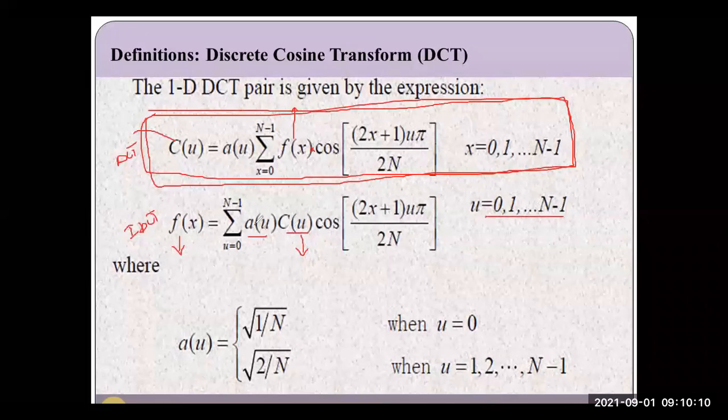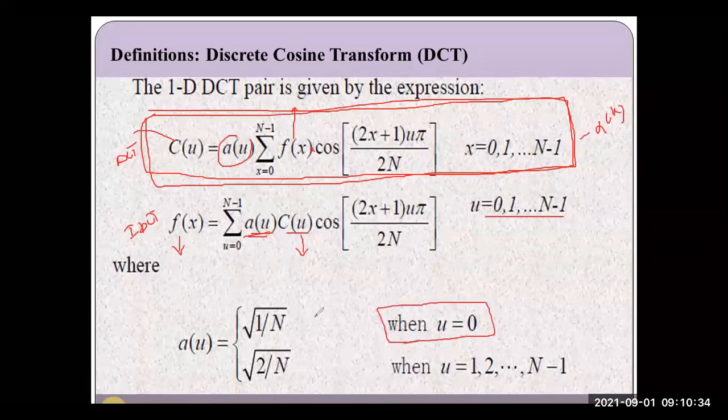So the question comes, what is the value of A(u) here? A(u) is a constant. In some books it is written as alpha k. Don't be confused. A(u) is just the constant part, and its value will be root over 1 by n if u equal to 0, that means the very first value of u.